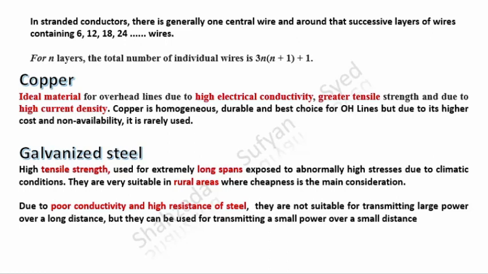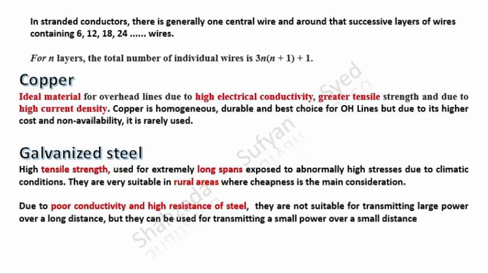Copper. Copper is an ideal material for overhead lines. It is because it has high electrical conductivity, greater tensile strength, and high current density. Higher current density means that it requires a small cross-section area as compared to other materials, and as the cross-section area is reduced, the conductor area in front of wind pressure is also reduced.